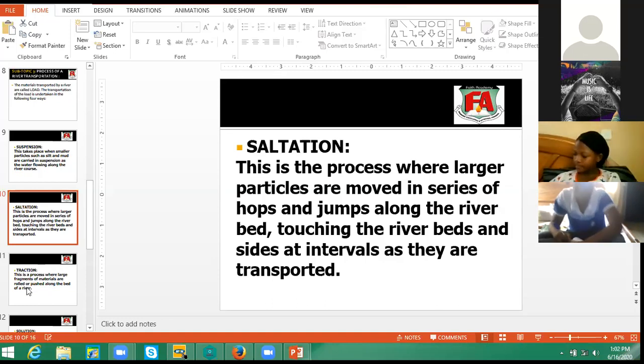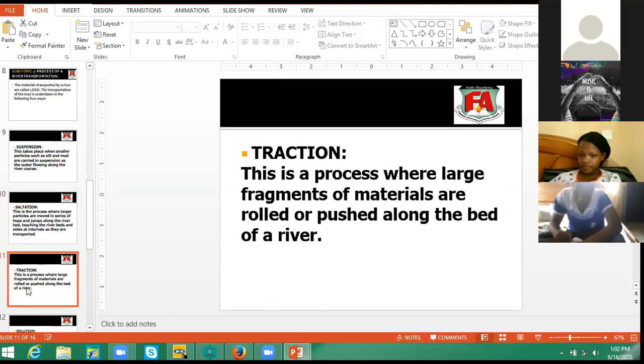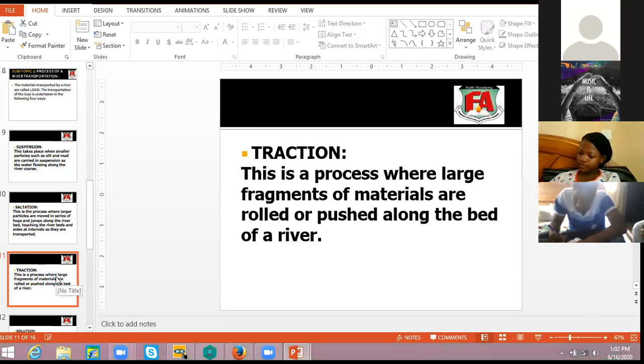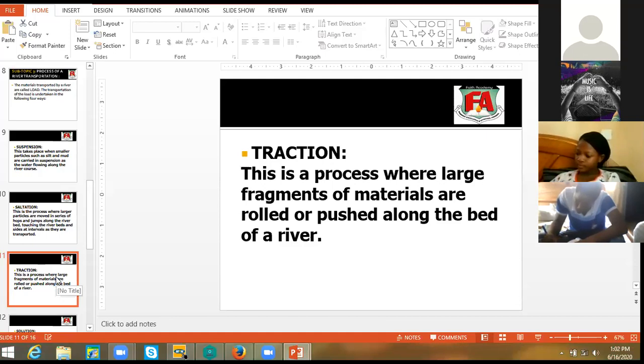The next one we have under the process of river transportation is traction. Traction is a process where large fragments of materials are rolled or pushed along the bed of a river. Now, what is pushing those fragments? What is pushing that load is the force of the water.